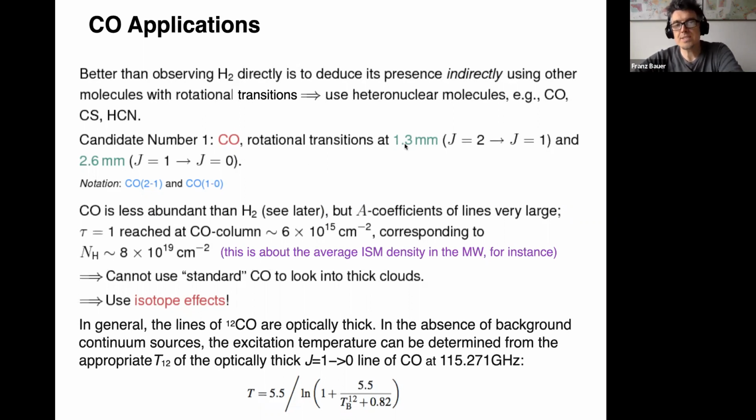CO is nice because it has transitions at 1.3 millimeter and 2.6 millimeter that are the low J transitions. As I mentioned, it's much less abundant, but its A coefficients are very, very large. At tau equals 1, the CO column density is about 6 times 10 to the 15. And the CO abundance ratio is roughly a factor of 10 to the 4.